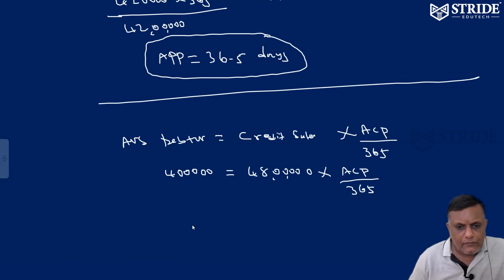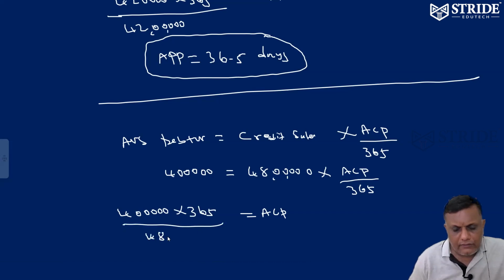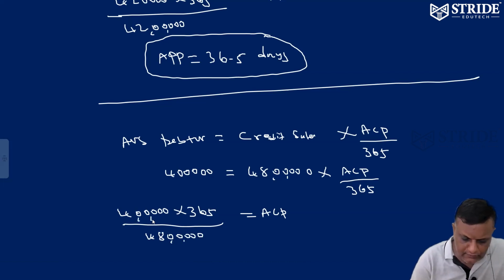So I want the ACP, average collection period. Can you cross multiply? So 4 lakhs into 365 by 48 lakhs.